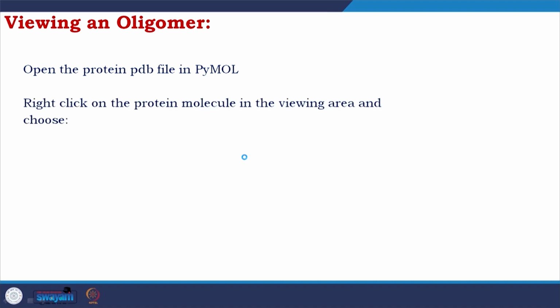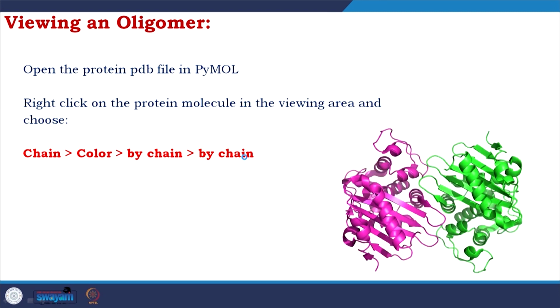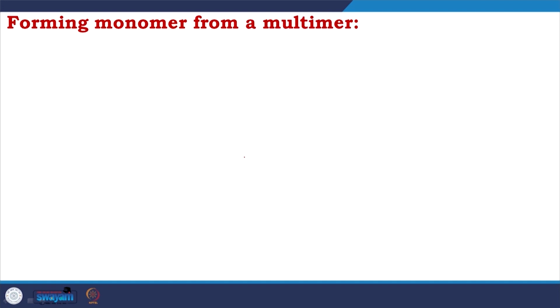Then right click on the protein molecule in the viewing area and choose color, by chain. When you do that, you will get this dimer. You see the pink and green colors representing each monomer.